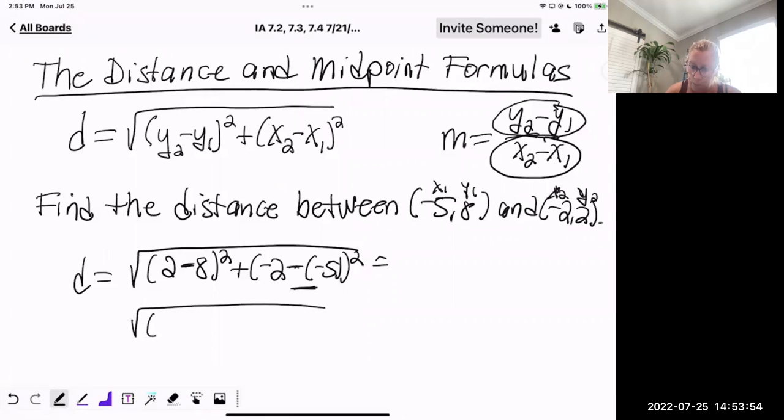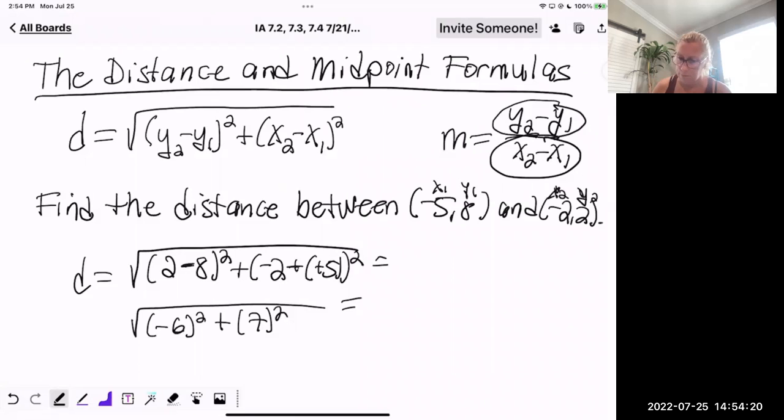So this is going to be -6 squared plus, now this one we got to think about, minus a negative means plus. So it's really 7 squared, which equals, hold on one second, 2 minus 8, 6, yep, -2 minus -7.